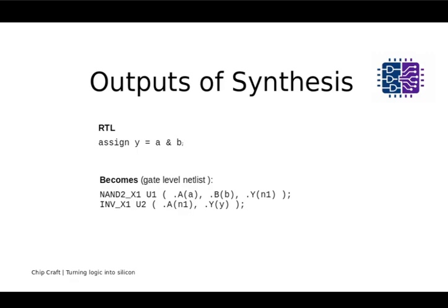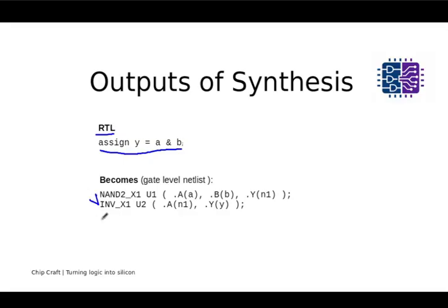Now we will see what the output of synthesis is. On the input side, we gave an RTL file. Suppose it is written as assign y equal to a ampersand b. Now the tool will search the available gates from the Liberty file and try to implement this logic. The tool is not getting an AND gate directly, so it puts an AND plus an inverter. Here we can see the first gate is AND2 X1.